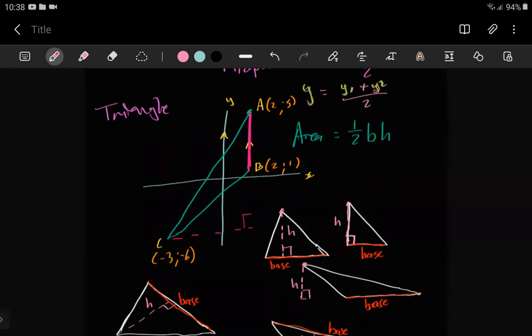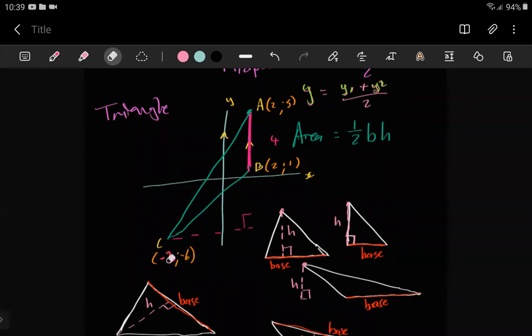So with a shape like this, you'll be able to work out the distance here using the distance formula. And then here you can just compare the x value of C and the x values of A and B. This one is easy. From 5 going straight down to 1, the distance there is 4.